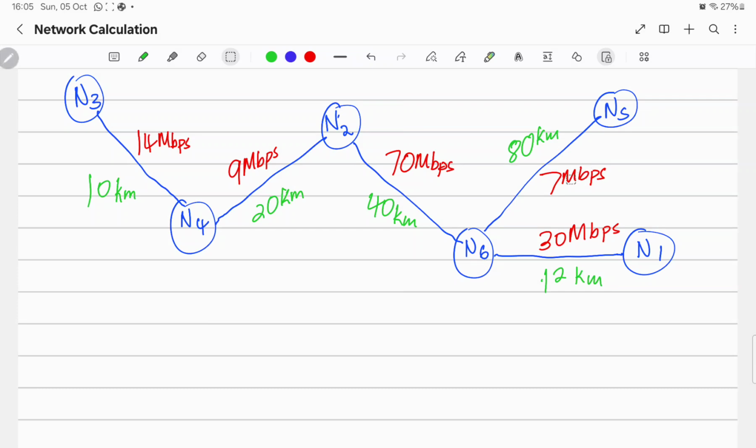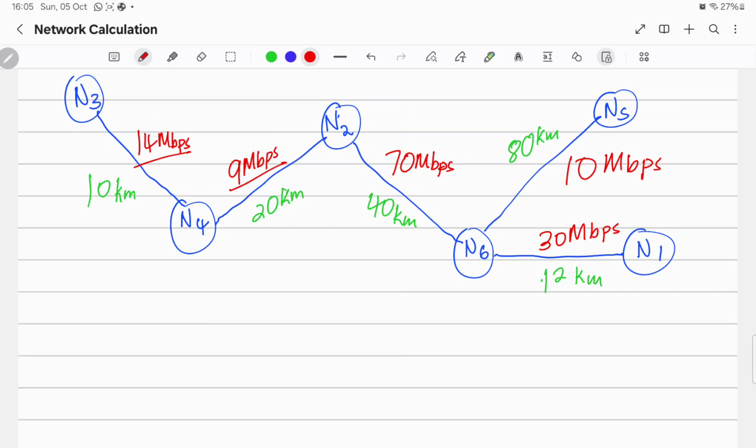We are replacing this 7 megabits by 10 megabits per second. Now our new bottleneck: we have 14 and 9. 9 is our lowest, so 9 becomes our bottleneck.